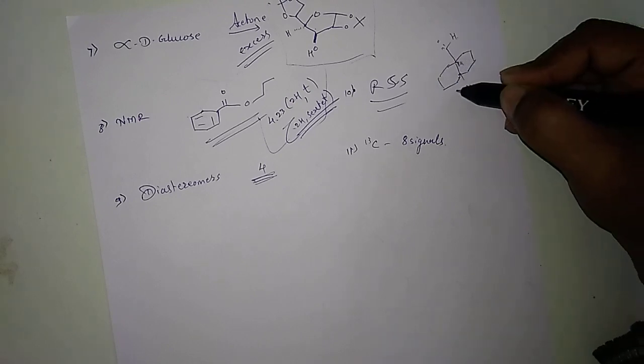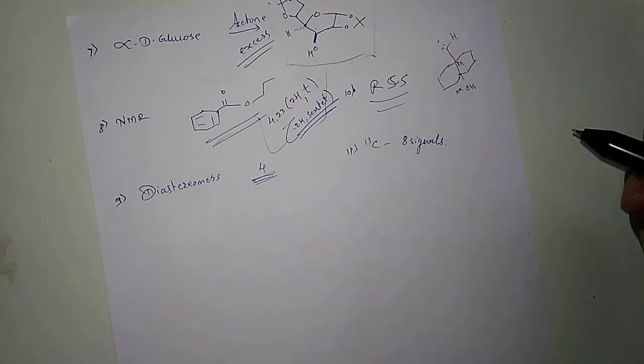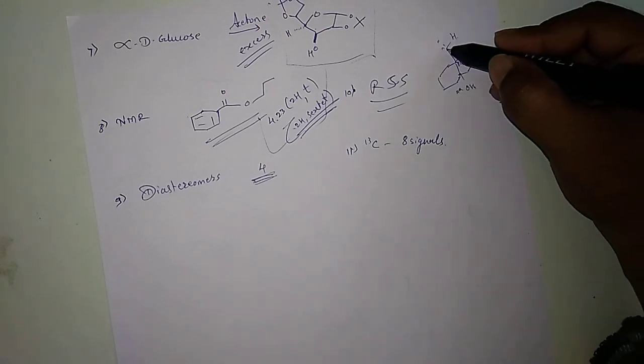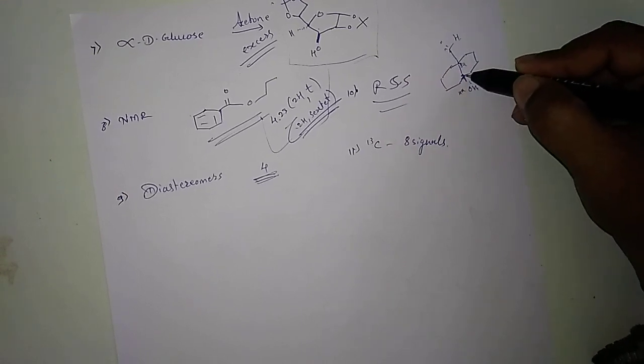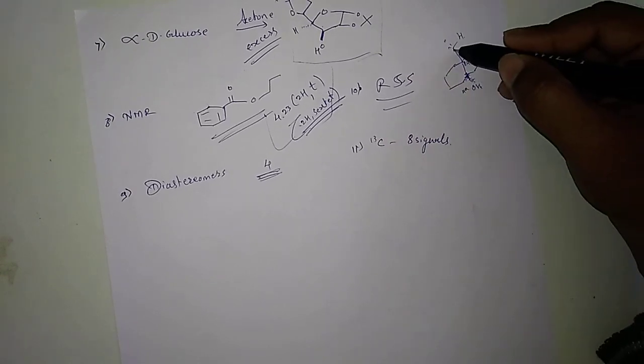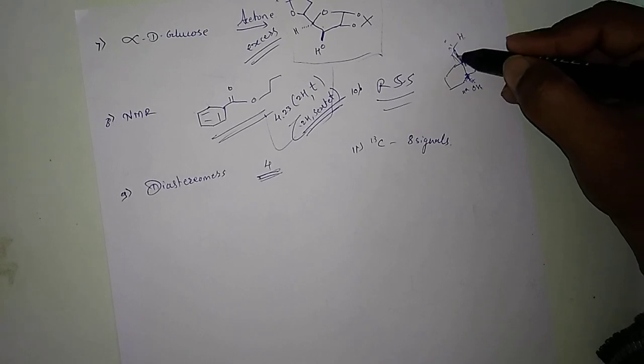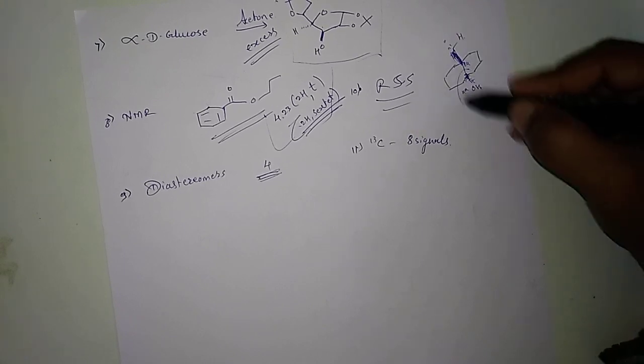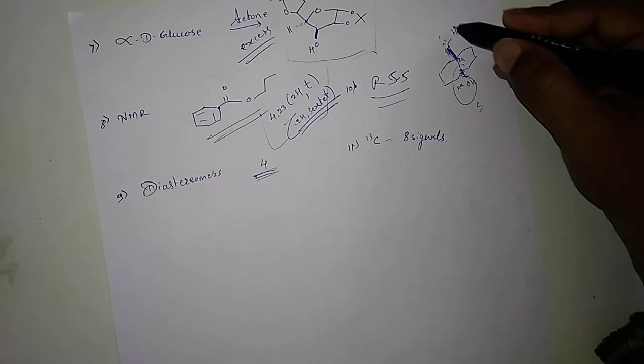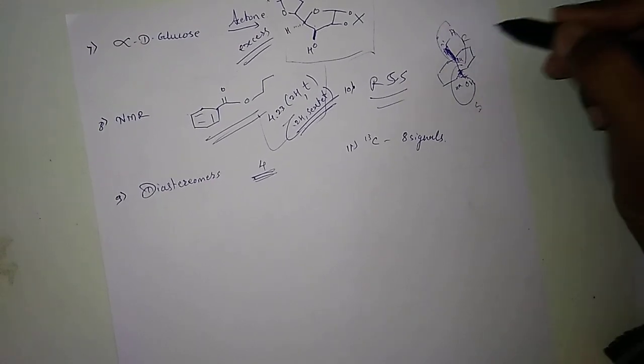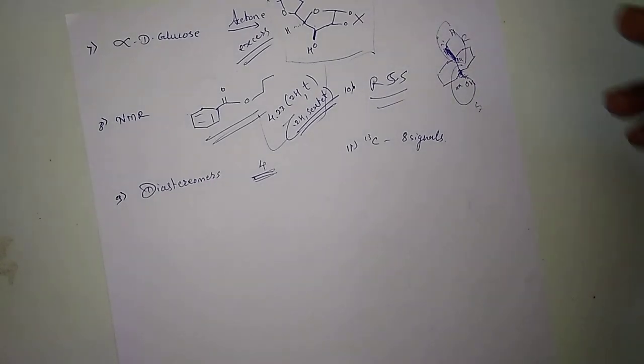This was 8A, I guess, and this was 4A. So according to me, this was below, dotted. I honestly don't remember the structure exactly, but this has to be S and this has to be R. So likewise was the answer.